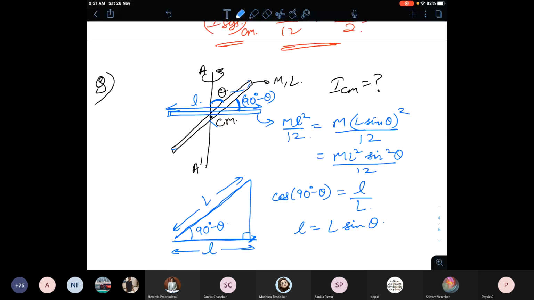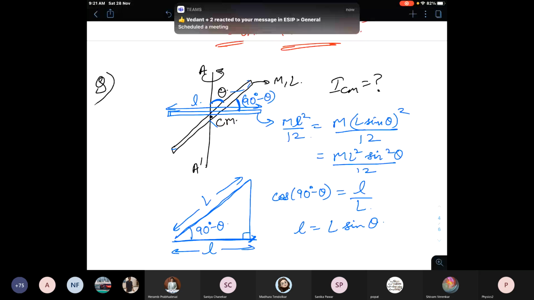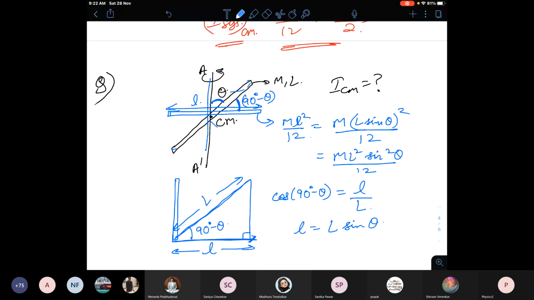If you see, there will be another component which is in the perpendicular direction, that is, it is along the axis. Now just imagine that you are holding your pen in vertical direction and rotating it about its vertical axis only. Literally you can see that there is no rotational motion.